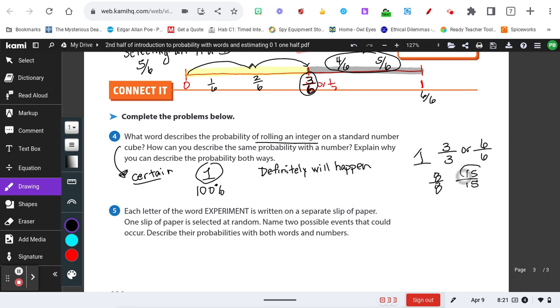There are 15 outcomes possible out of the 15 total.